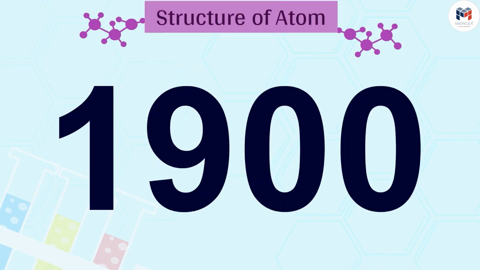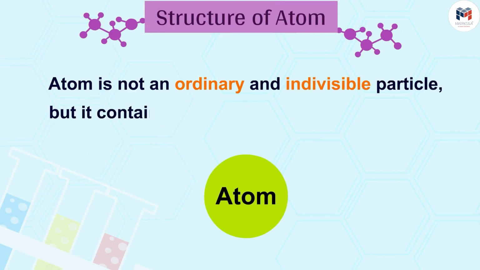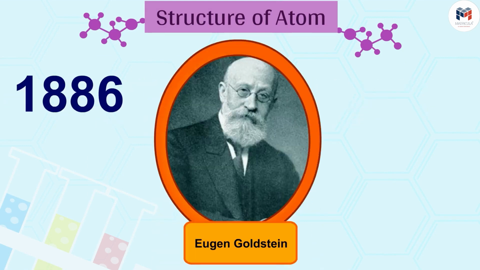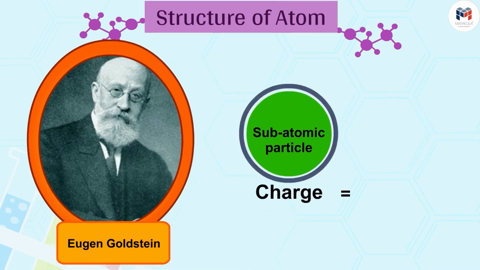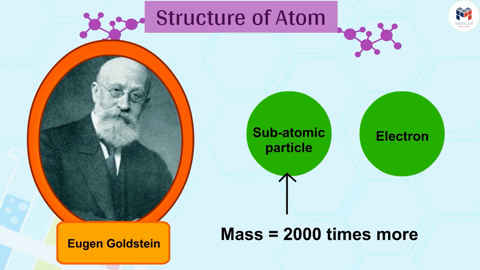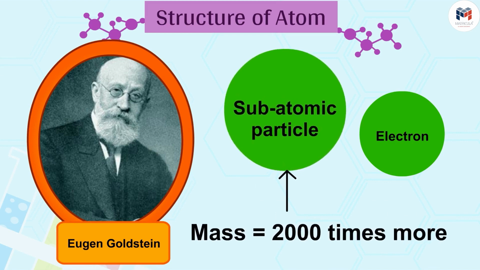By the 19th century, scientists had discovered that an atom is not an ordinary and indivisible particle, but it contains at least one subatomic particle, that is, electron. In 1886, E. Goldstein discovered another subatomic particle whose charge was equal to, but opposite to the charge of the electron, and the mass was approximately 2000 times more than the electron.